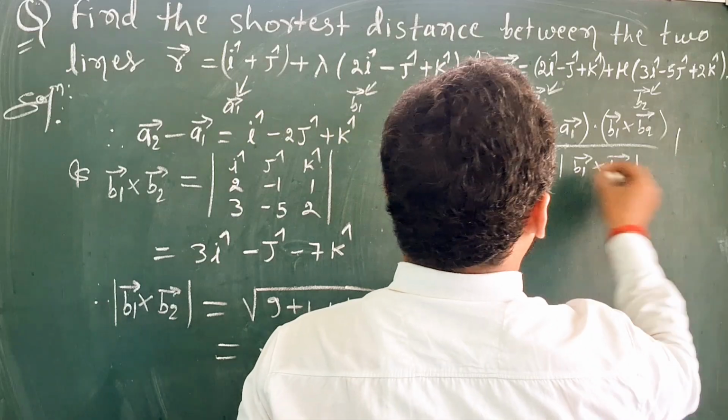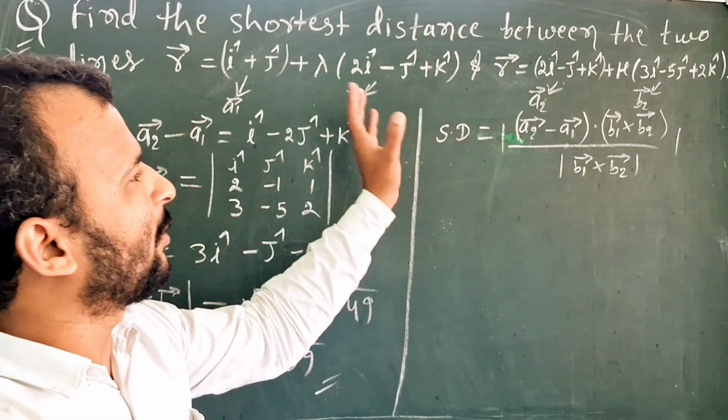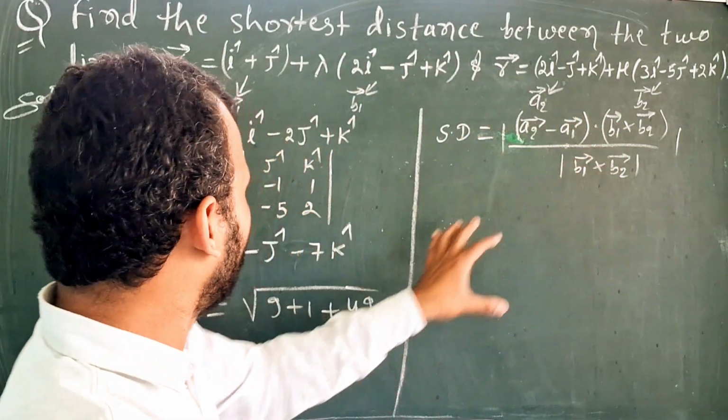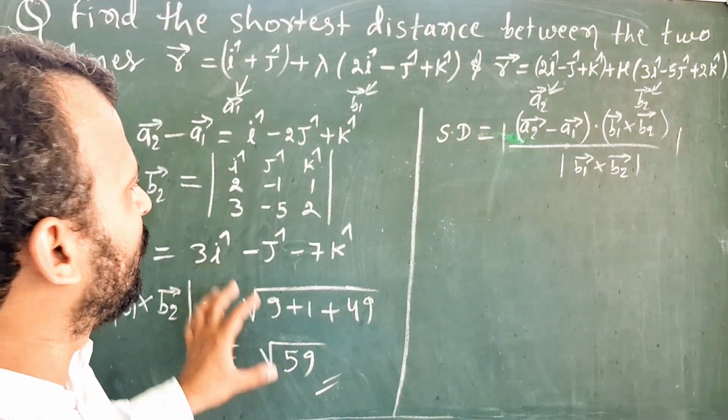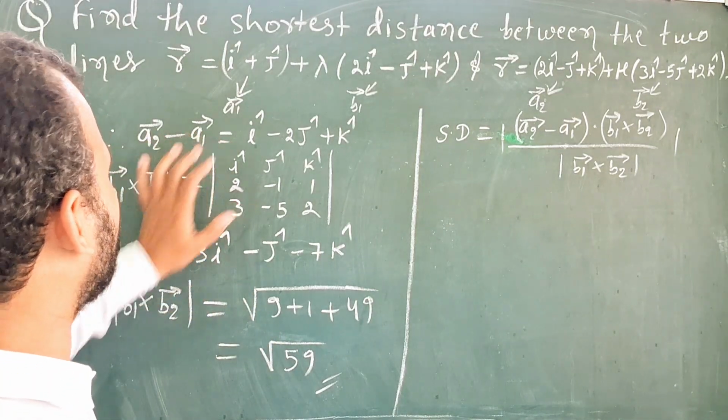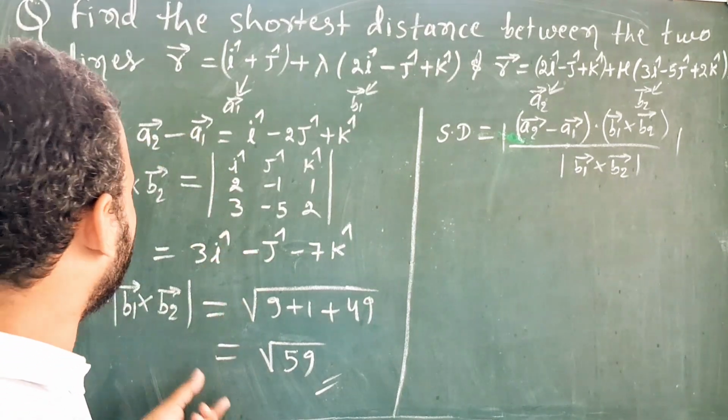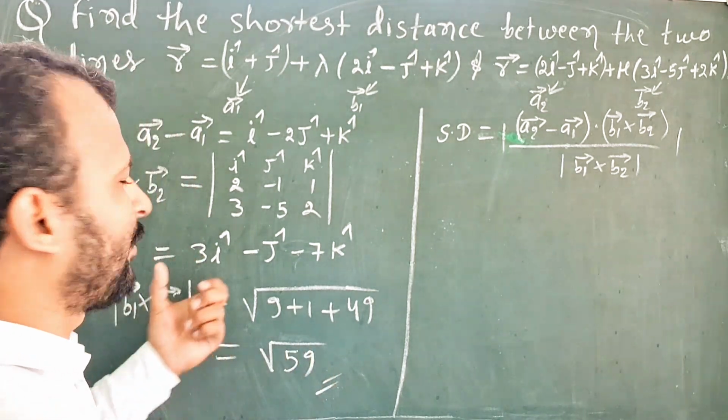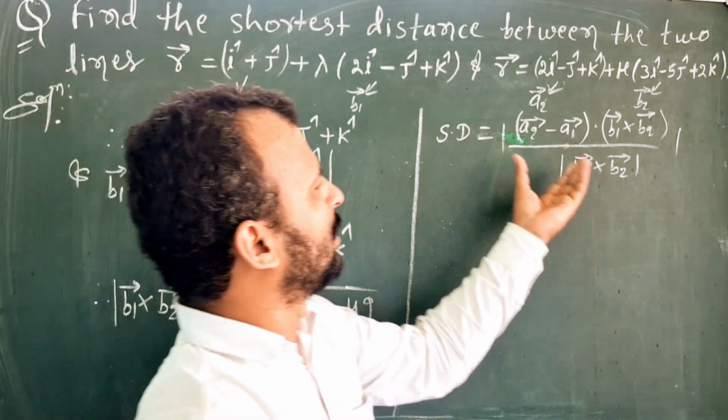This is the formula to find the shortest distance between them. We use this formula and put in the values of a2 vector minus a1 vector, b1 vector cross b2 vector, and the magnitude of b1 vector cross b2 vector in place of these.